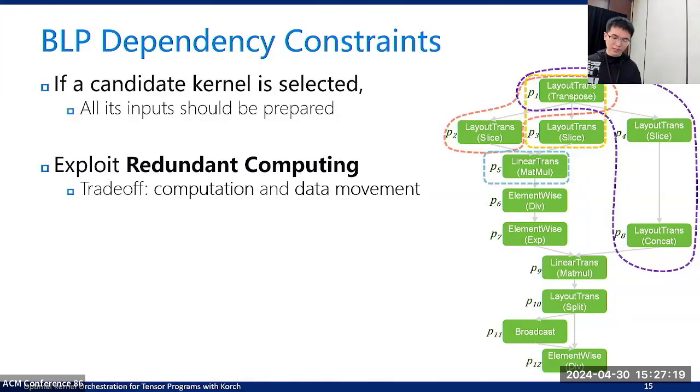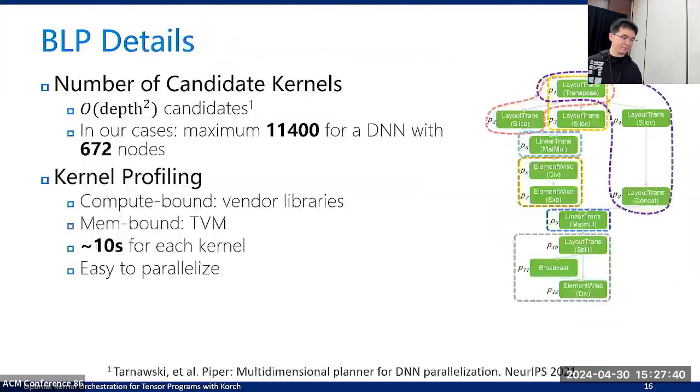So here, redundant computing helps us save 1 kernel and achieve a trade-off. We can sacrifice more computation to achieve less data movement, since the compute capability is much more powerful than memory bandwidth on modern GPUs. And such a strategy can be naturally found by the BLP solver.